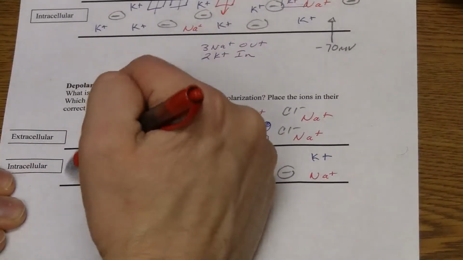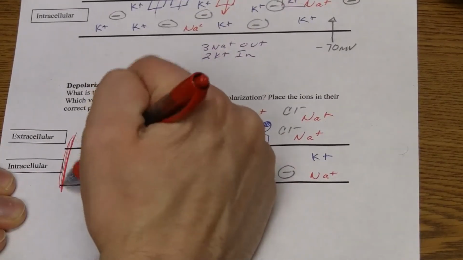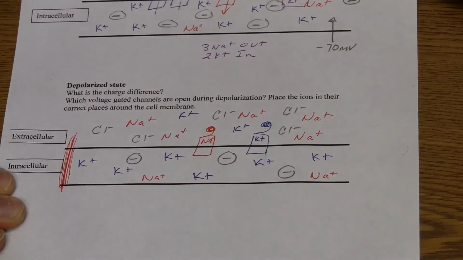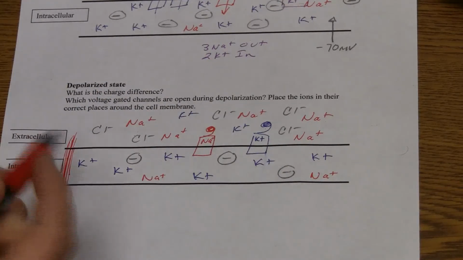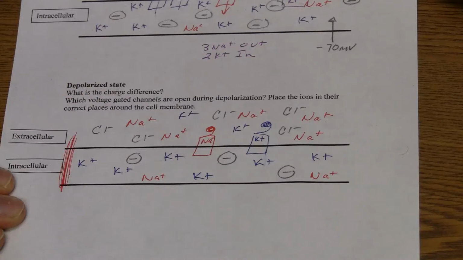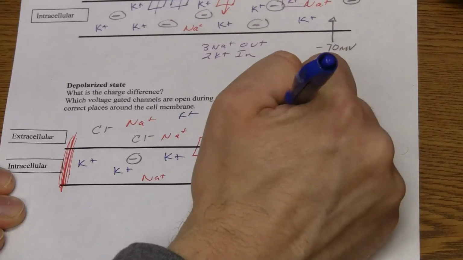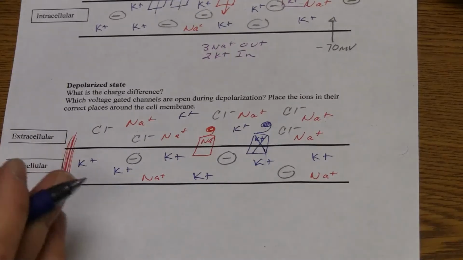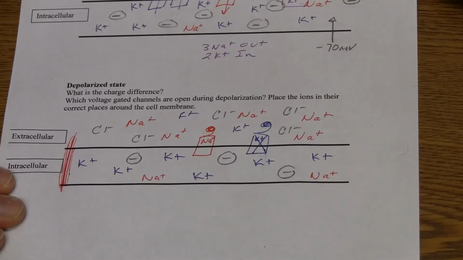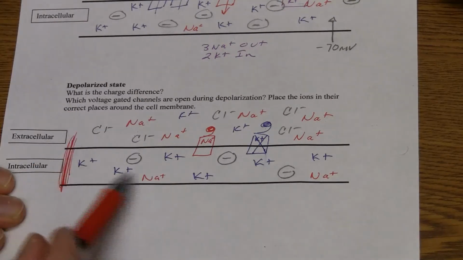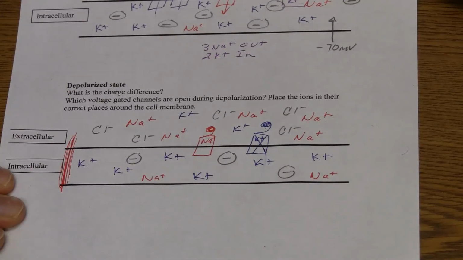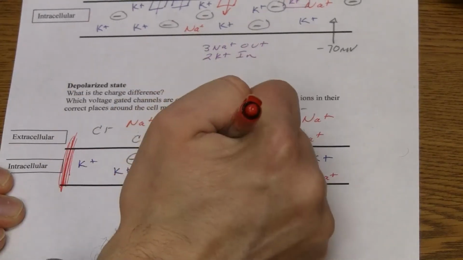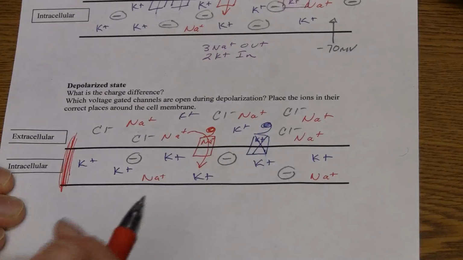So when we get a stimulus, if you will, represented by this line, it's going to allow the sodium voltage gated channel to open up. Now in class I said that the potassium voltage gated channel will for the most part stay closed, but during this depolarization the sodium voltage gated channel will open, and ultimately the sodium will rush in.